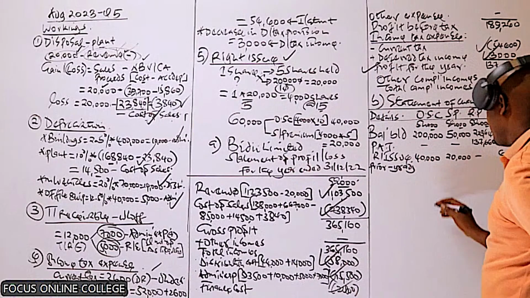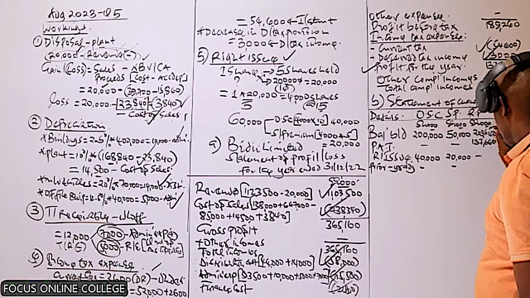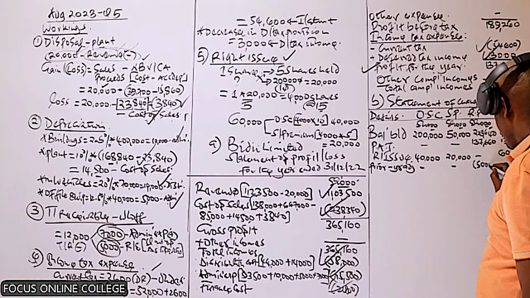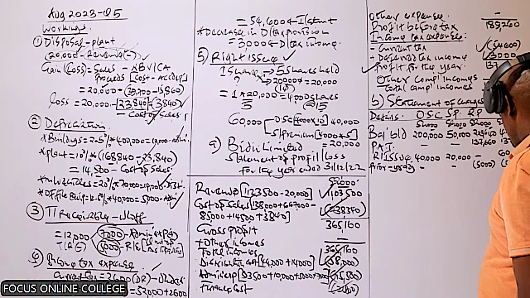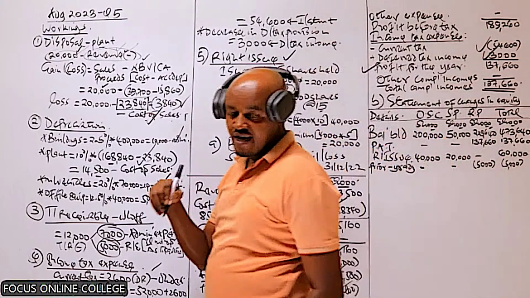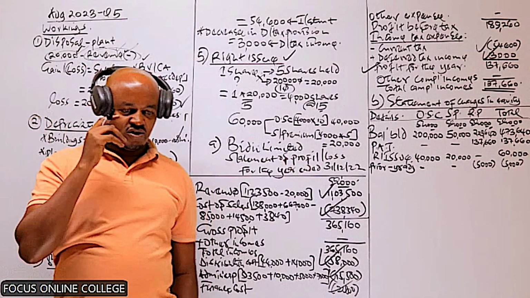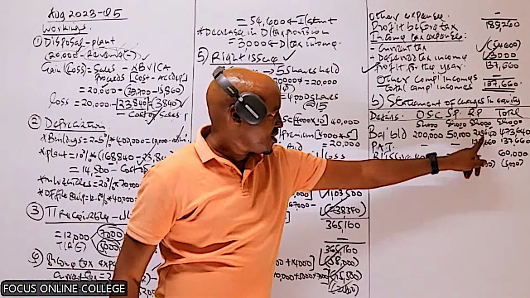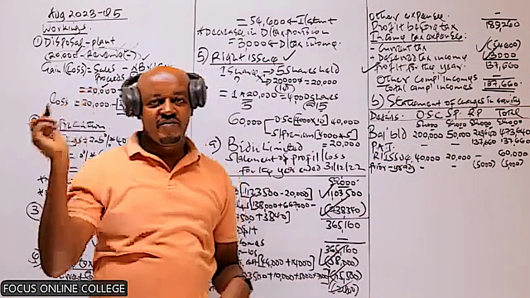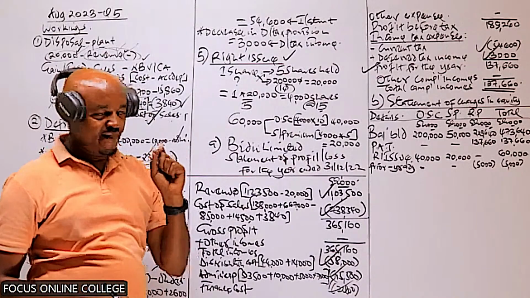This 5,000 was supposed to be recognized as an expense in the previous year, but it was not accounted for. So the profit of the previous year was overstated. That's why we are deducting it from the retained profit from the previous year.